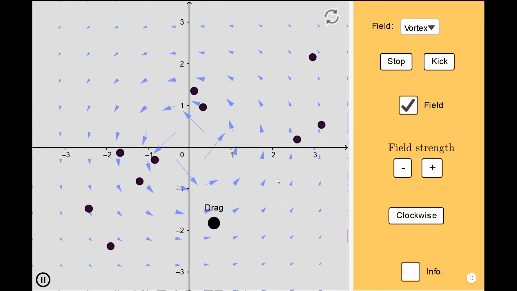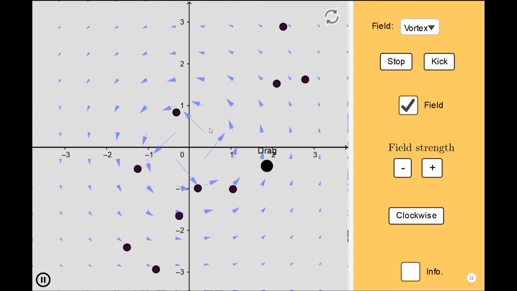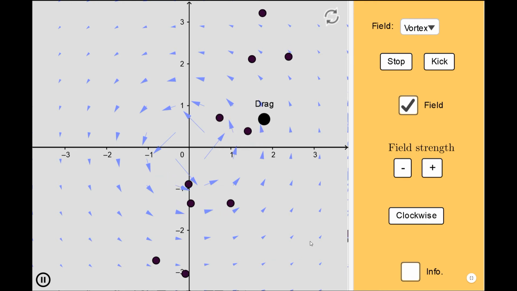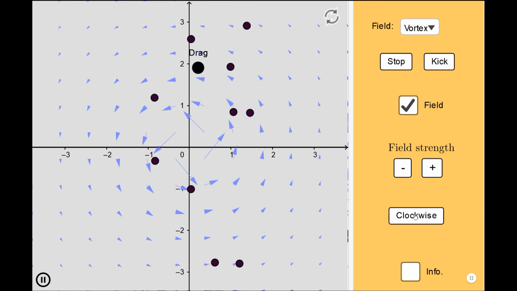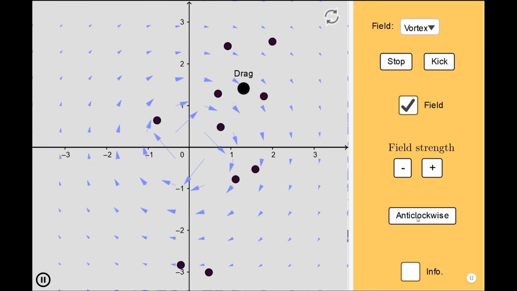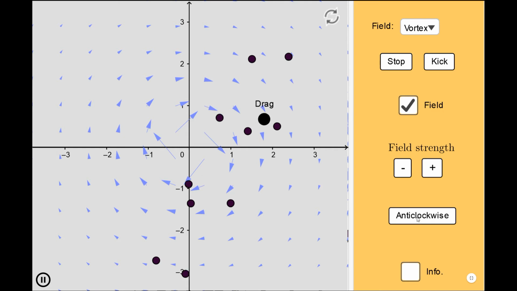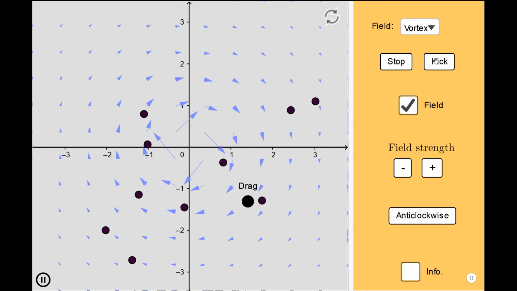And you can see here that the vectors are bigger in the middle than on the outside, so these out on the outside are going more slowly. And then I can switch the direction. This changes the sign in both terms, both components of our vector field.